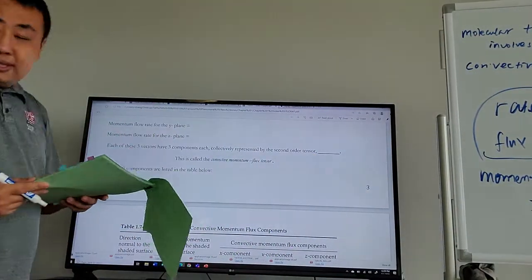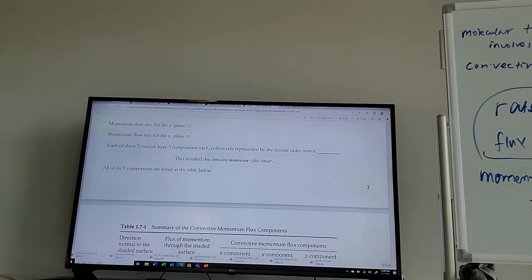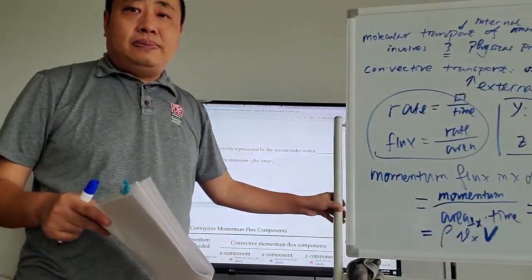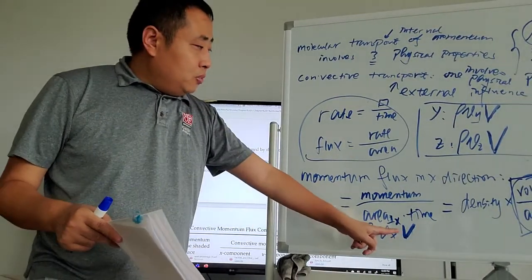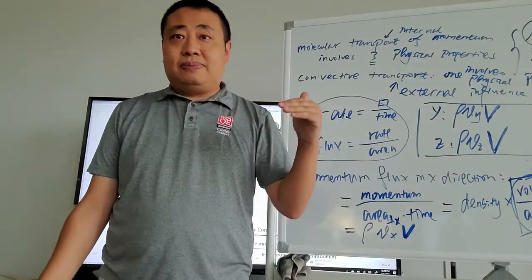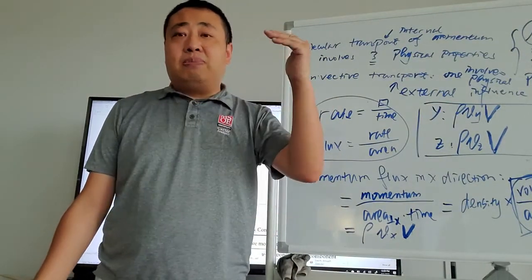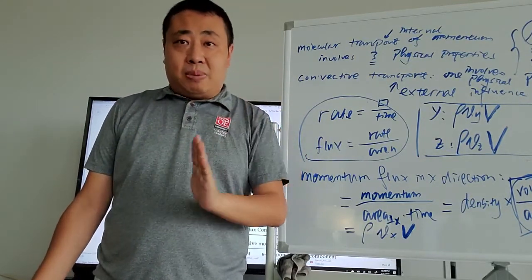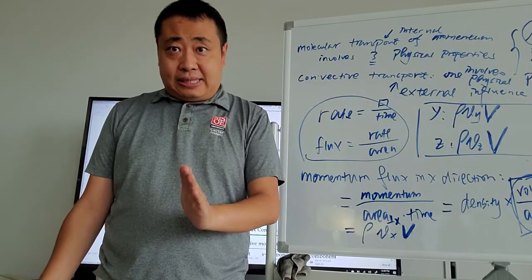So this is what we have for now. Each of these three vectors has three components. If we consider x direction, when we describe this, we talk about the momentum along the x, or the momentum impacting the area which is perpendicular to x direction.